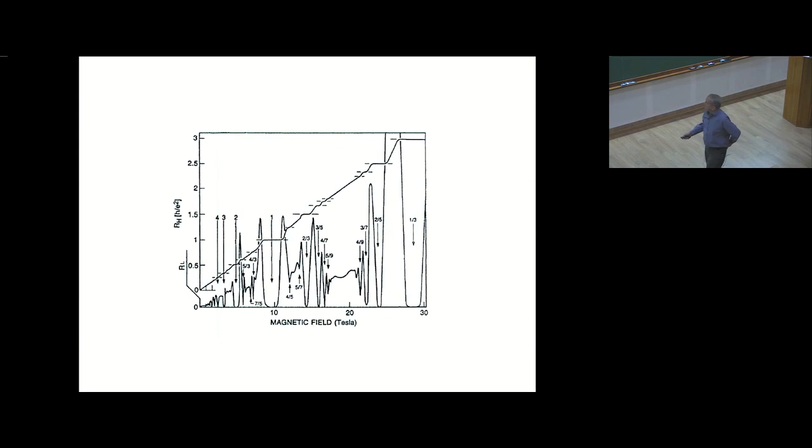In a few years, data started looking like this. So these are all plateaus. This is ordinary resistance. Each minimum here has a plateau associated with it, and each plateau has a fraction associated with it. So fractions like 1/3, 2/5, 3/7, 4/9, a huge zoo of fractions was seen very soon.